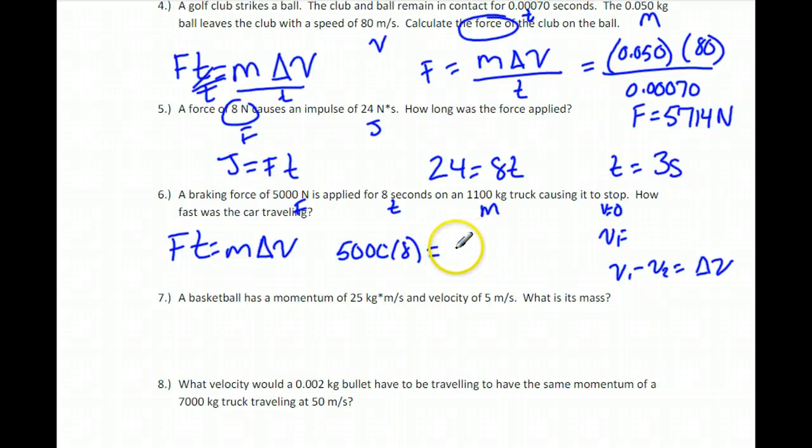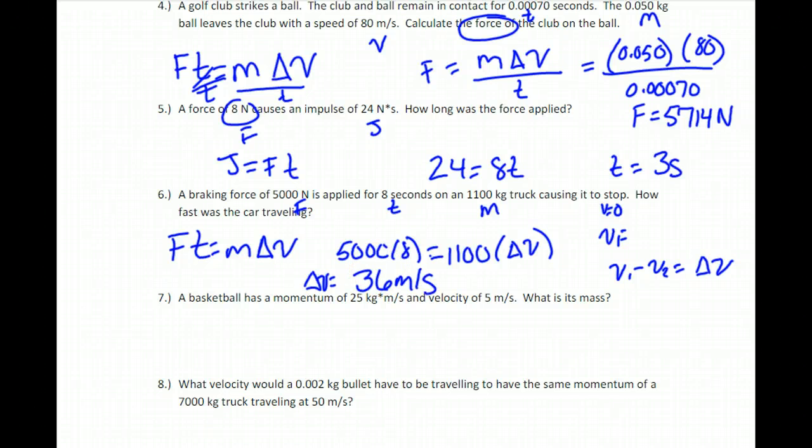Equals my mass, 1,100, times my delta V. And if you solve for delta V, that's going to give you a change in velocity of 36 meters per second.